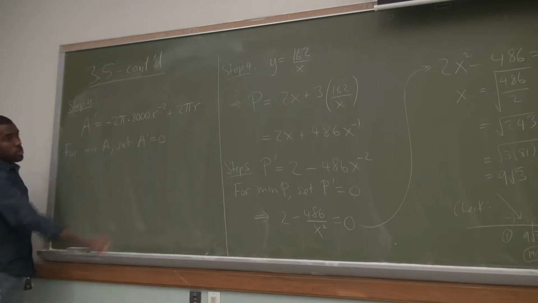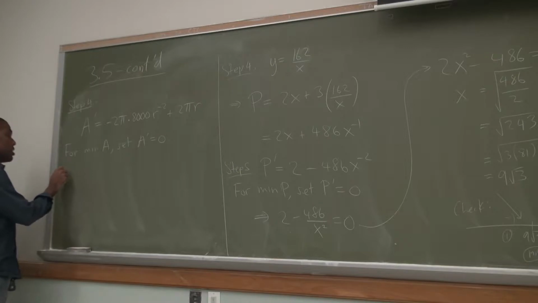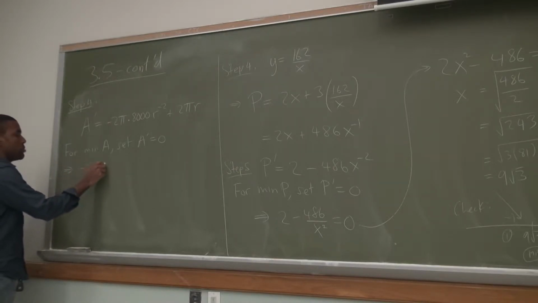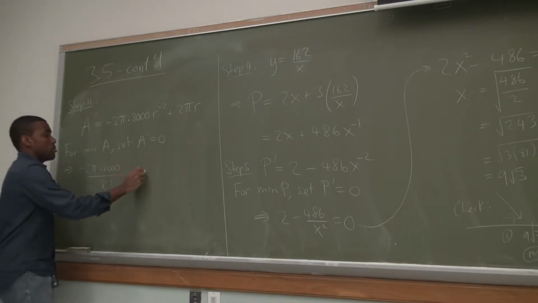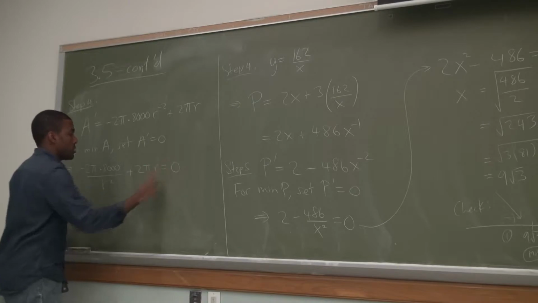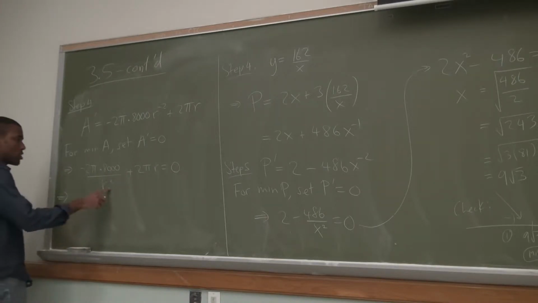It's undefined where r equals 0, which means we don't have a cylinder, so we ignore the undefined case. I can divide both sides by 2 pi. I can also multiply by r squared.